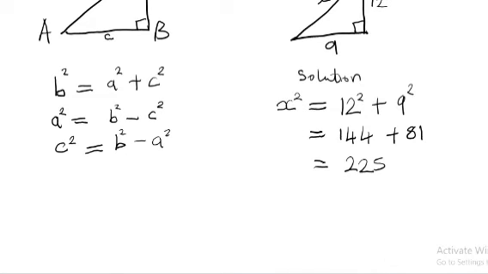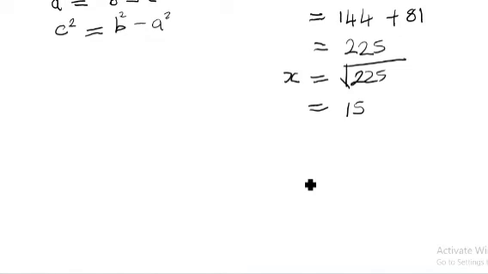The square on x cancels, and you have the square root of 225, which gives you 15. That becomes the answer. So take the square root of both sides to eliminate the square. That's for that one.